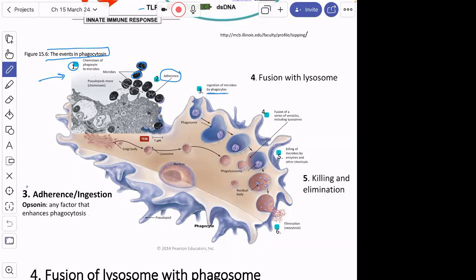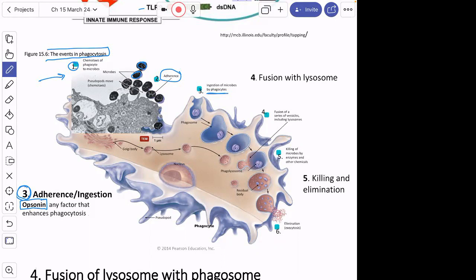I wanted to make a little note over here. Anything that's going to help the phagocyte be more successful at ingesting that pathogen, we call an opsonin. It's a strange sounding word, it might be a new one. Anything that's an opsonin is going to stimulate or enhance phagocytosis.